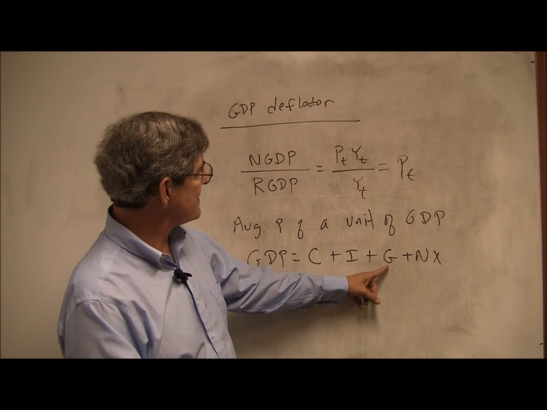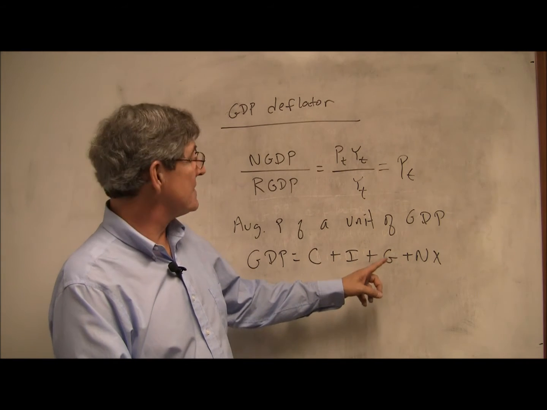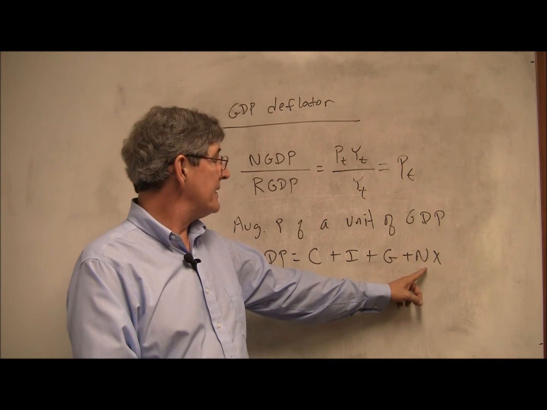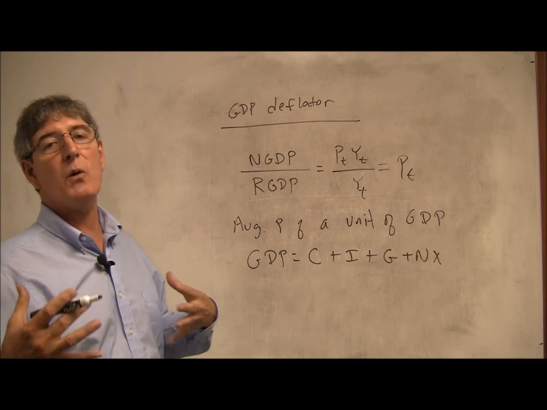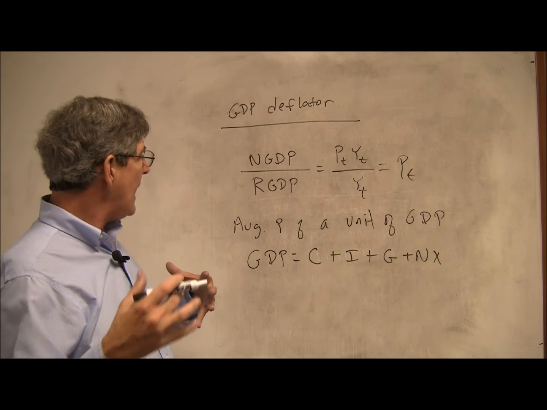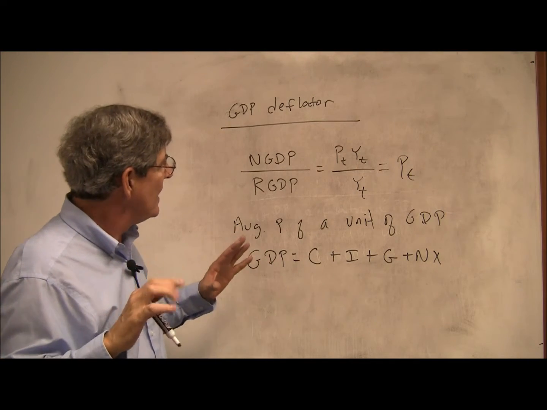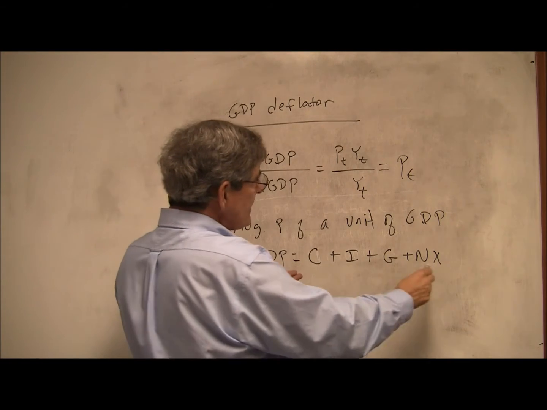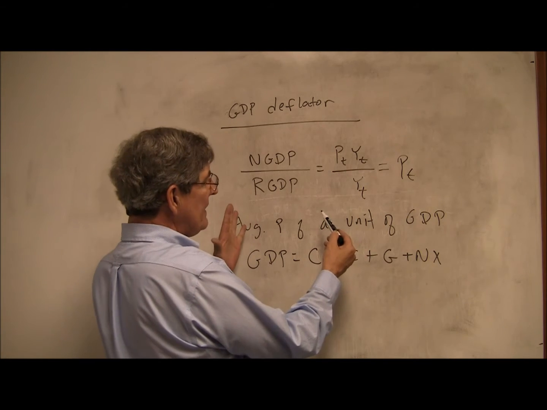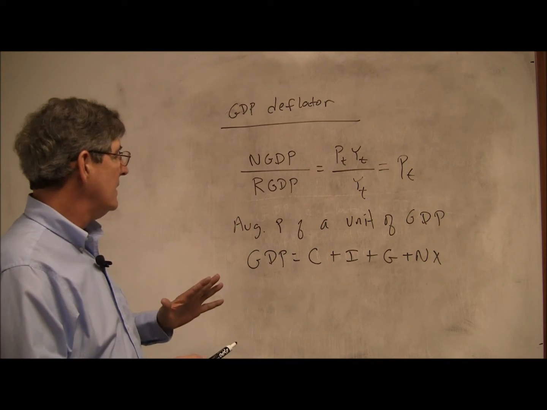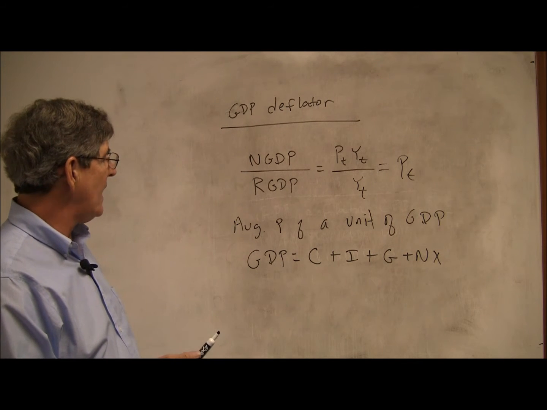This is what the government buys. And this is exports minus imports. So it's a measure of what we're importing and exporting. Now, we may not care about all of that. So if you want to know what's the average price of these goods, the GDP deflator is going to tell you. And as we'll see shortly, it moves pretty close with the CPI.